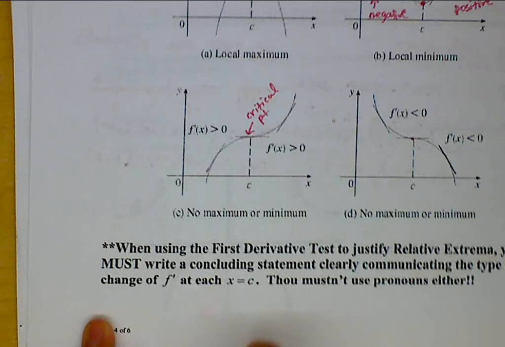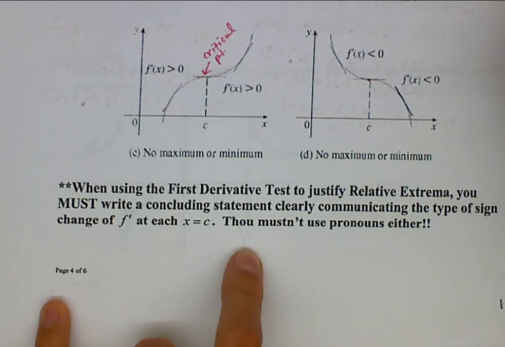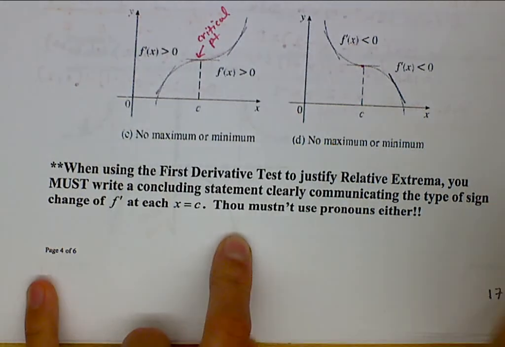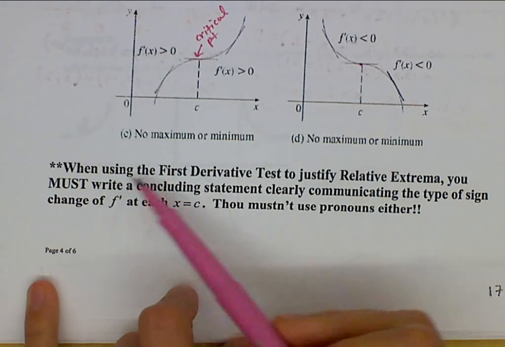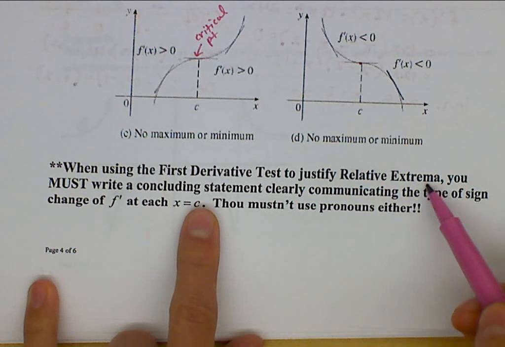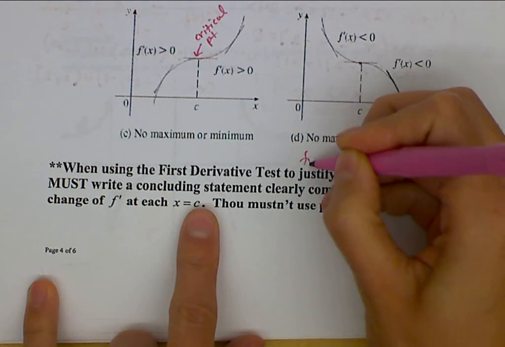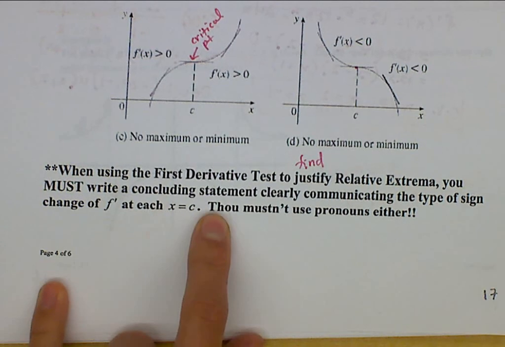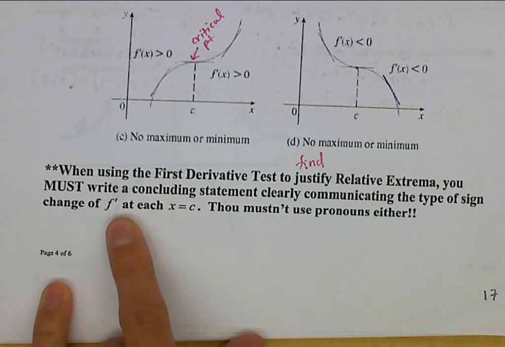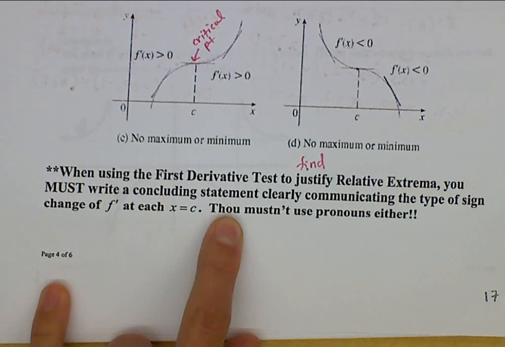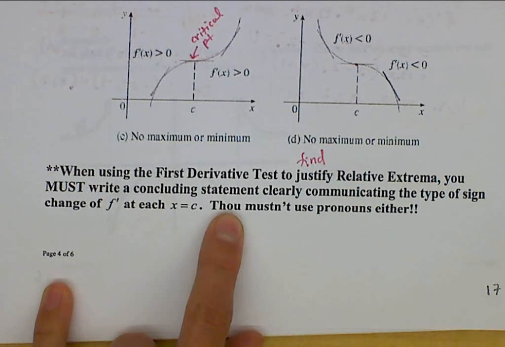Down here, this is just some bossy stuff to help you when you're doing free response questions for the AP test. When using the first derivative test to justify relative extrema, you must write a concluding statement clearly communicating the type of sign change of f prime at each x equals c. I will show you how to do this. And it said, thou mustn't use pronouns either. So basically you just need to be specific.